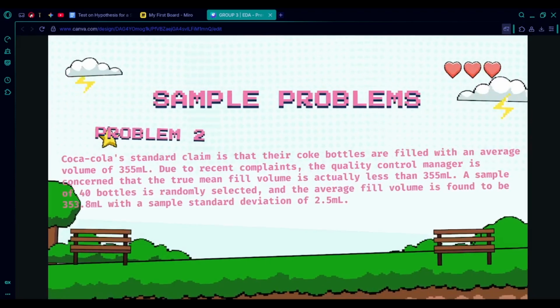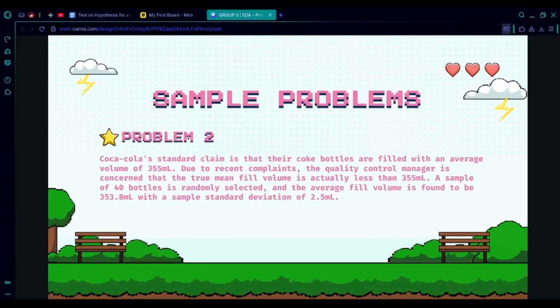So for our problem 2, Coca-Cola's standard claim is that their Coke bottles are filled with an average volume of 355 ml. Due to recent complaints, the quality control manager is concerned that the true mean fill volume is actually less than 355 ml.